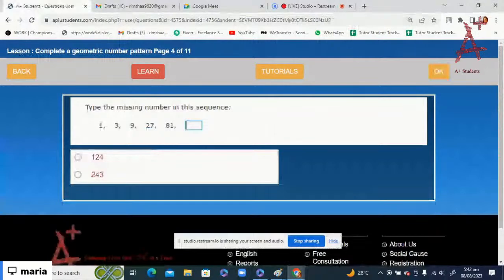So 3 times 3 is 9. 9 times 3 is 27. 27 times 3 is 81. 81 times 3 is 243. That is the answer.